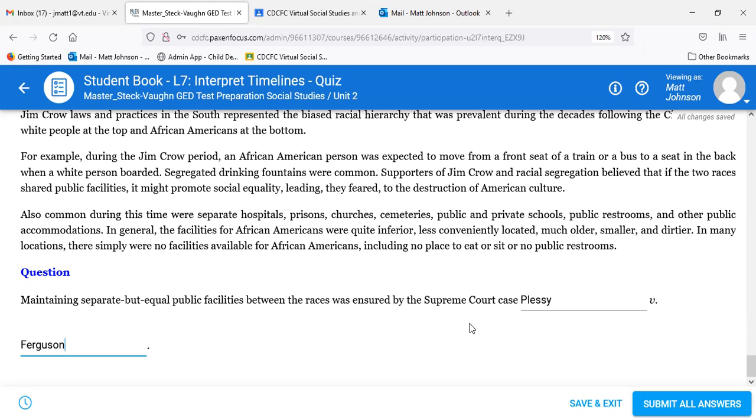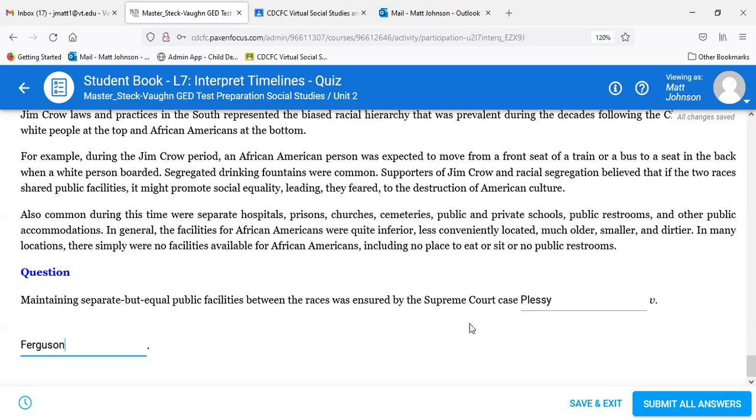We had this precedent set by the Supreme Court that if you had reasonable accommodations for African Americans, it was separate but equal. So as long as you had a water fountain, like I was saying here, or a hospital or a school or a train car, as long as you had that available for African Americans, then you're separate but equal. The problem was, though, it was never equal, right?